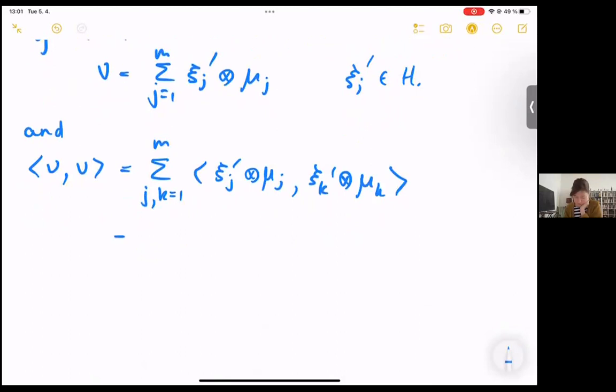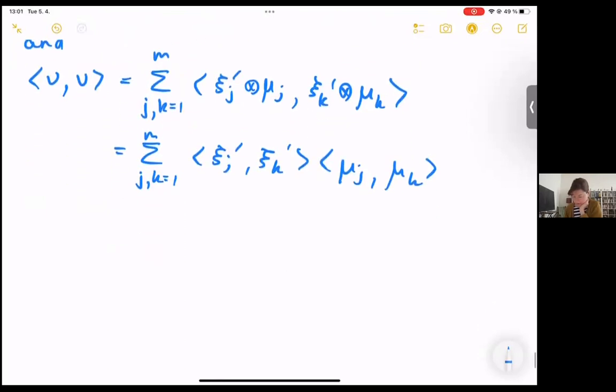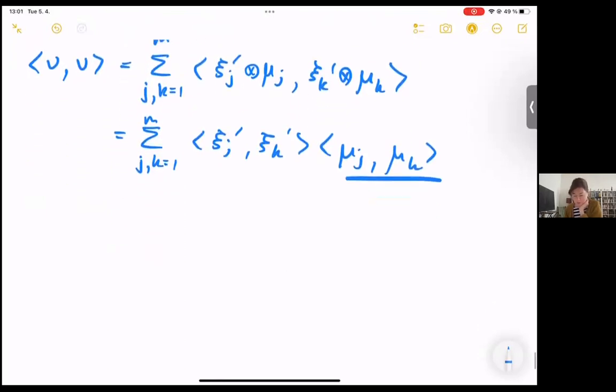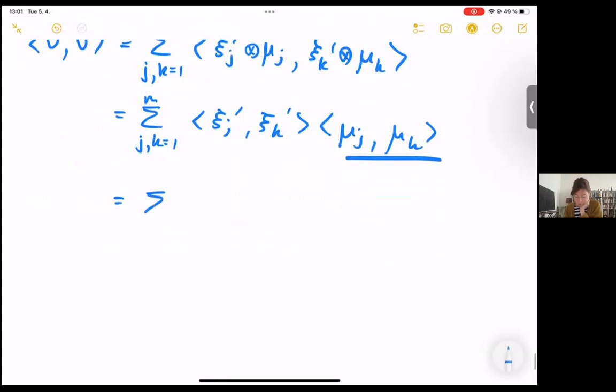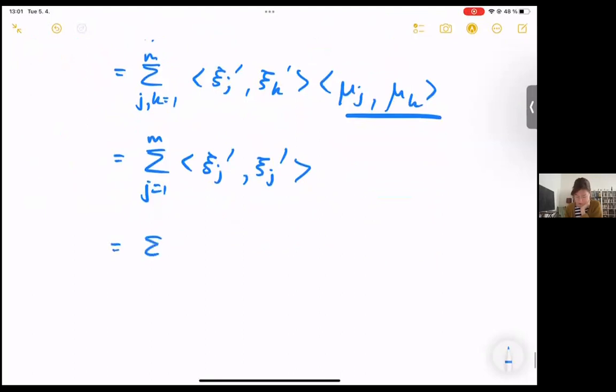Okay, and now we know what these inner products are by definition. Or sorry, we don't know that they're inner products yet, but we know that they decompose like this. And we know that these guys were chosen to be orthonormal, which means that this is now just, and that is, of course, just the sum of the norms of these guys squared.